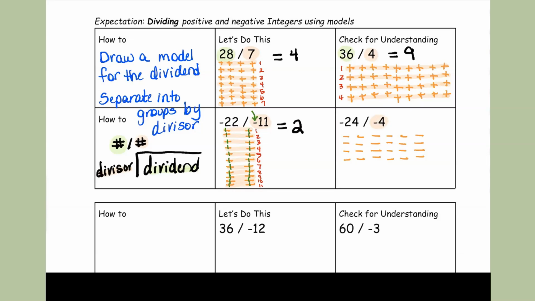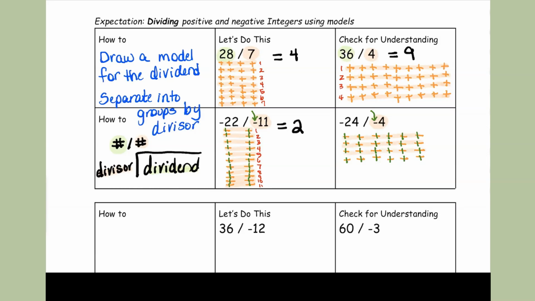Because we're dividing by a -4, we have to use that negative to change all of our marks to the opposite. So all of the negatives that we have drawn for the -24, we now need to change to a positive. Once you've changed all of those, we're going to figure out how many belong in each of the 4 groups.